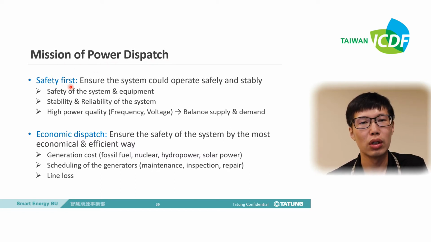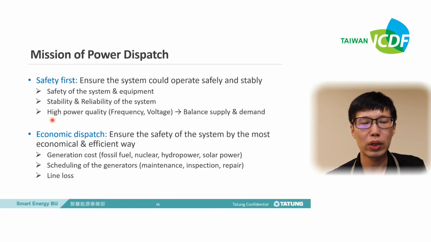Safety first. The operator should ensure the system could operate safely and stably. This includes the safety of the system and the safety of the equipment, and also the stability and reliability of the system.